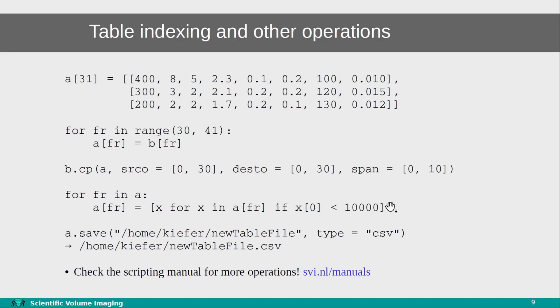So you'd simply filter out all the localizations that have an intensity greater than 10,000, because those are not in this selection syntax. And finally, you can save tables just like you can save regular images by using the save command, specifying a path and then a type.